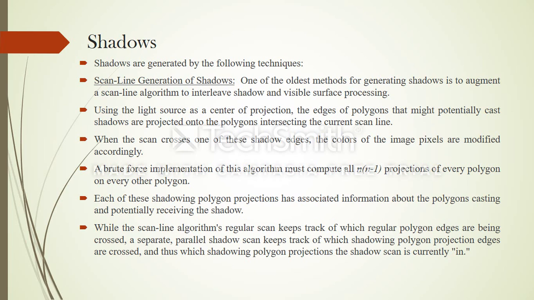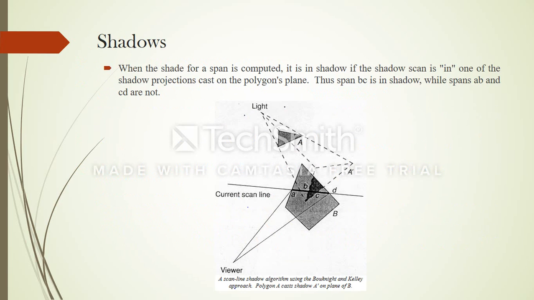A brute force implementation of this must compute all n times n-1 projections of every polygon on every other polygon. While the scan line algorithm's regular scan keeps track of which regular polygon edges are being crossed, a separate parallel shadow scan keeps track of which shadowing polygon projection edges are crossed, and thus which shadowing polygon projections the shadow scan is currently in. This can be viewed in the following figure.